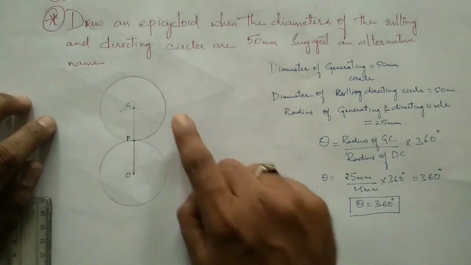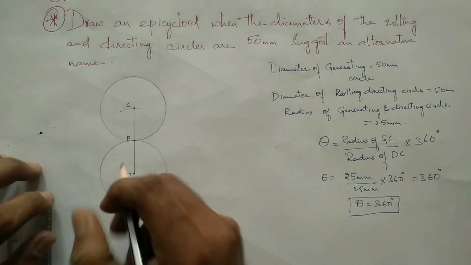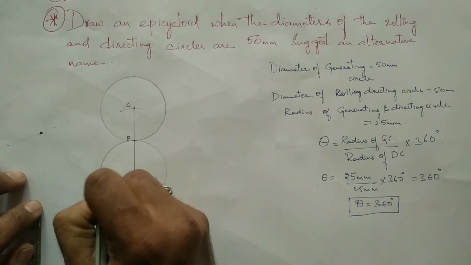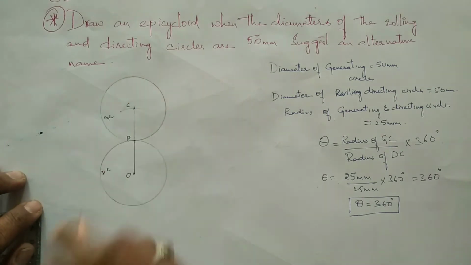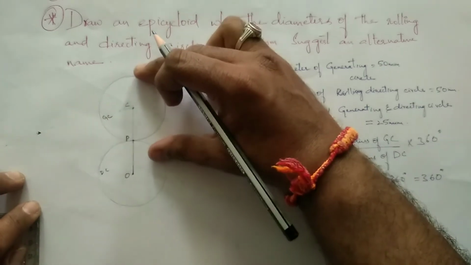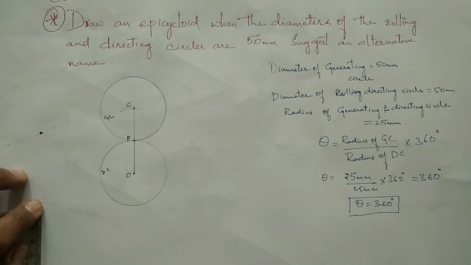Now this is my directing circle, and this is my generating circle. Now divide the generating circle into 12 equal parts.